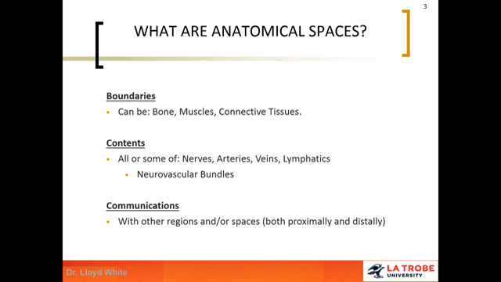So we can define the course of structures throughout our limbs according to which anatomical spaces they're passing through. Furthermore, anatomical structures can be named according to the anatomical space that they're passing through at the time. For instance, the axillary vein is called the axillary vein while it's within the anatomical space, the axilla.